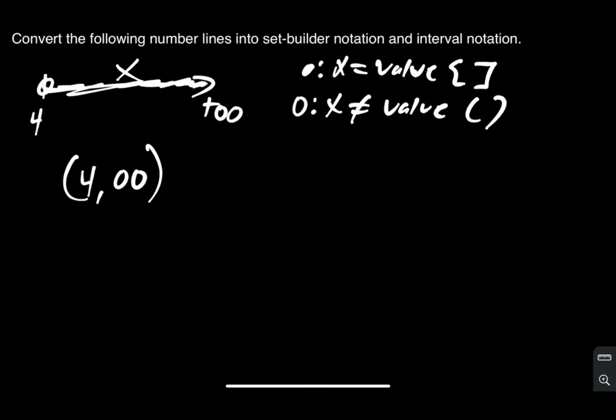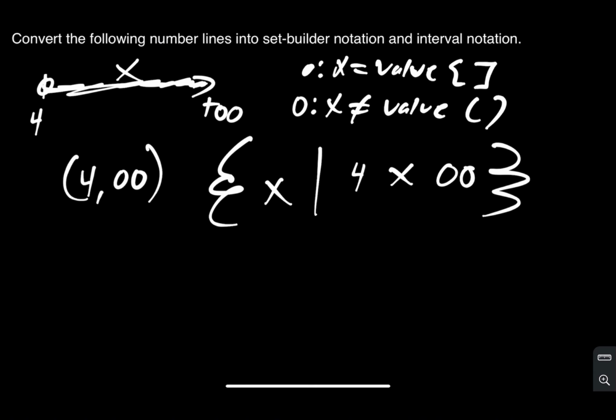Now, all we have to do is write the set builder notation. So we have 4, x, and infinity, because x is going to be in between 4 and infinity. Anytime you have infinity in your set builder notation, you don't want to use it, and I'll show you why.